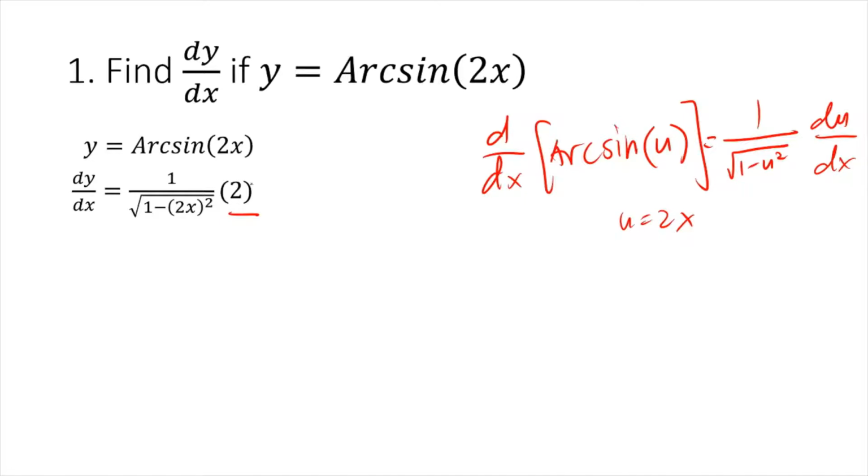This 2 here, this factor, is the derivative of u with respect to x. Since u is 2x, then taking the derivative of 2x with respect to x will get 2. So just simplify, you get 2 over the square root of 1 minus 4x squared.